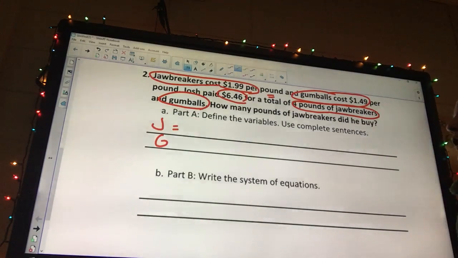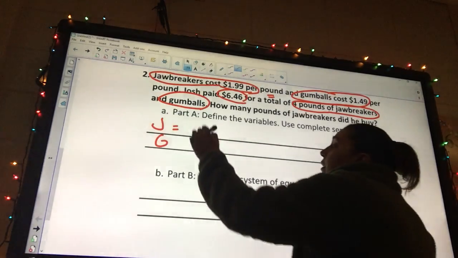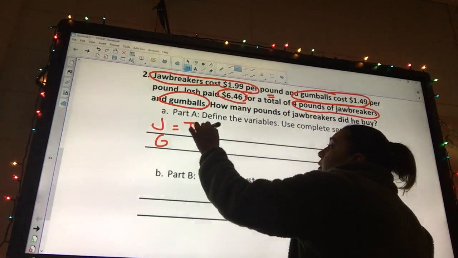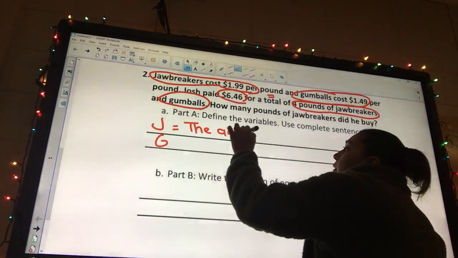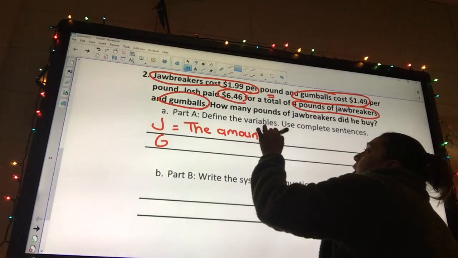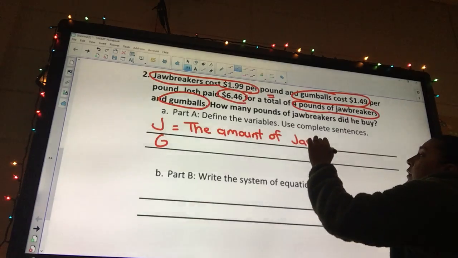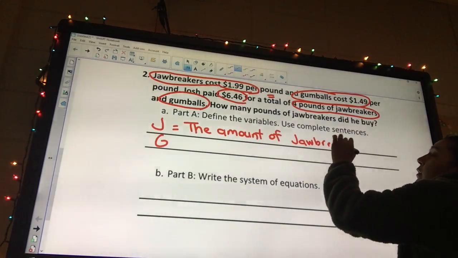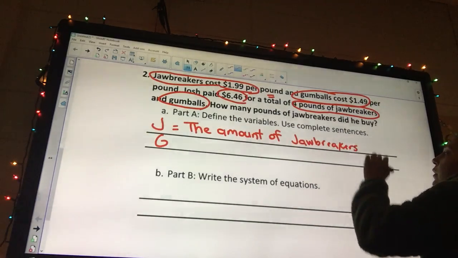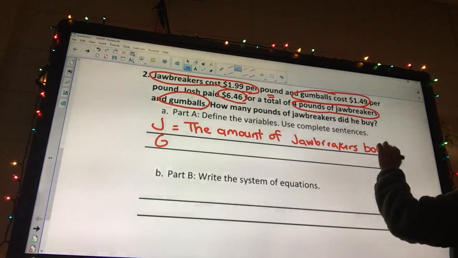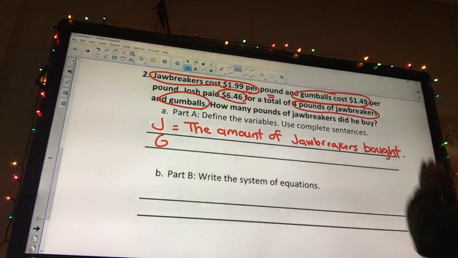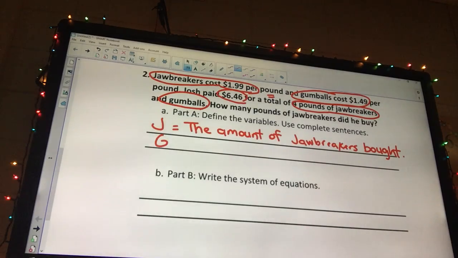So when we're looking at J, our J is going to be the amount of Jawbreakers bought. Okay, and remember, we cannot just write J for Jawbreakers, okay? It should be in a nice sentence. I don't normally make you write in a sentence.